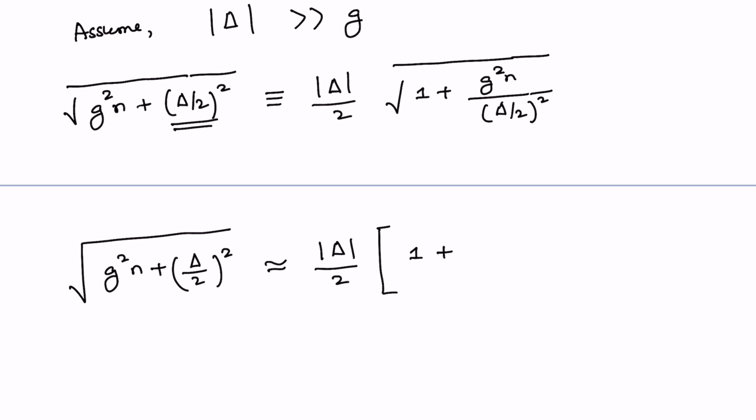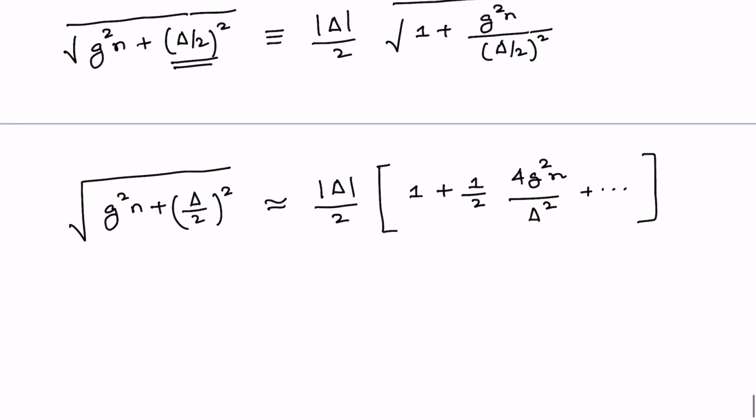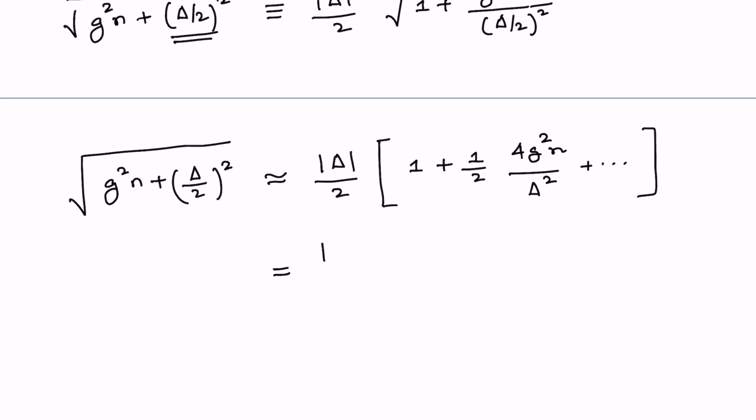So 1 plus 1 half times 4 g square n divided by delta square, and we'll have higher order terms. Those terms we can neglect because they are going to be smaller and smaller. So I will have my first term as mod delta by 2, then the second term is going to be g square n divided by mod delta.